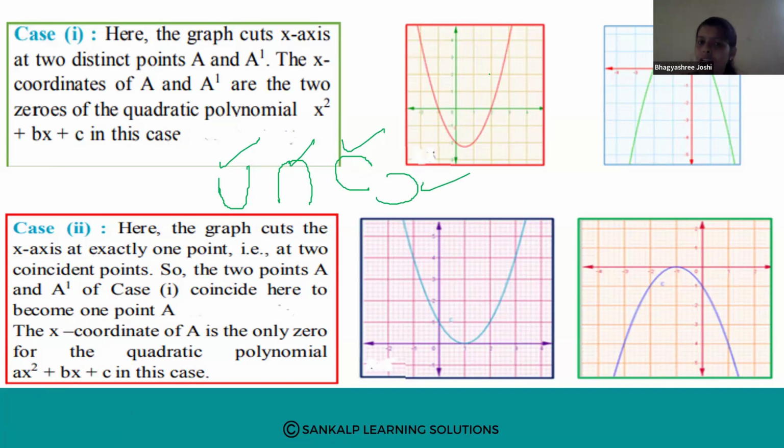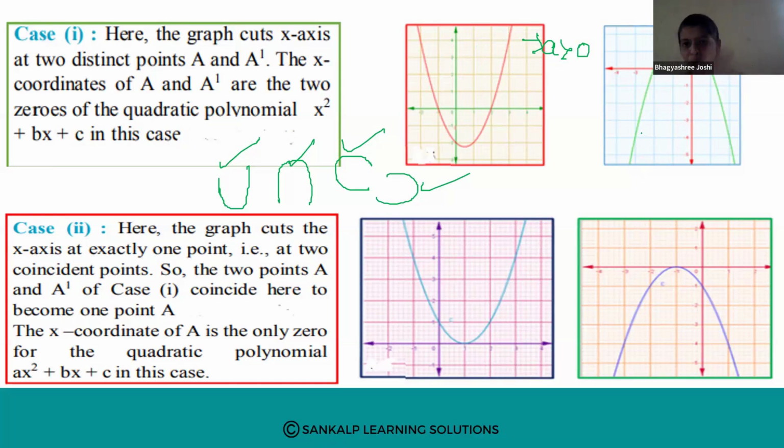Okay, but see here in this case, our graph is like this, means it is U-shape only. So when you will get such a graph, do you know when you will get such a graph? When your A value is greater than 0, then you will get such a graph. Remember. Okay. Next.